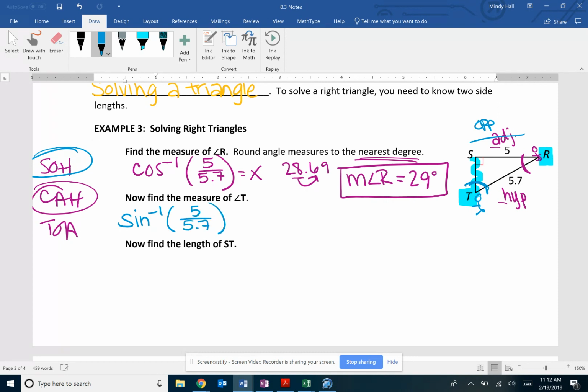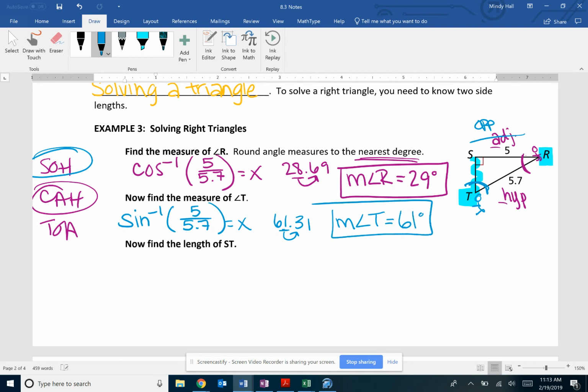So inverse sine 5 over 5.7 equals x. And the inverse sine of 5 divided by 5.7 gives you 61.31. But I only care about my tenths place. That 3 tells me to keep it. So my measure of angle T equals 61 degrees.